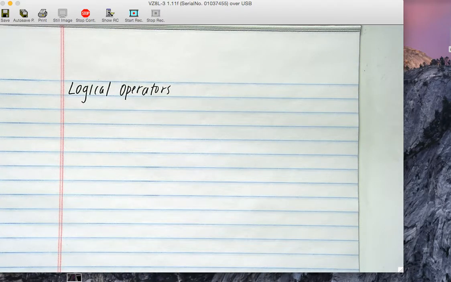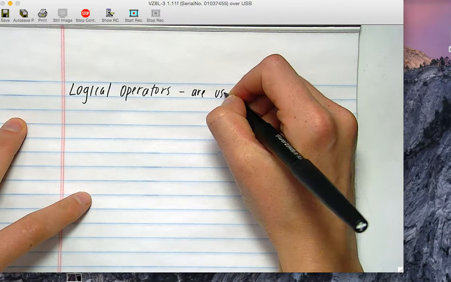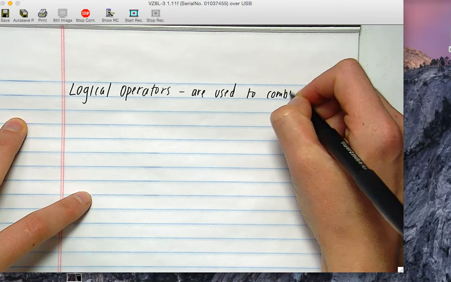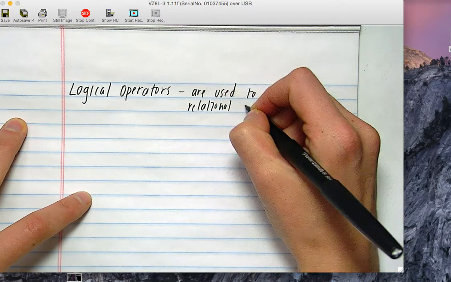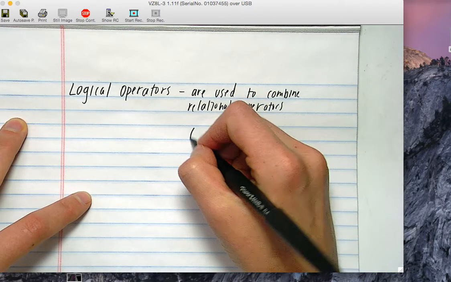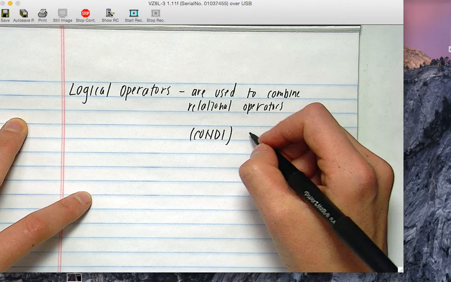Now, this is what MATLAB calls them, but they are the operators that are used to combine relational operators. So it's when you want to look at when multiple conditions are true.